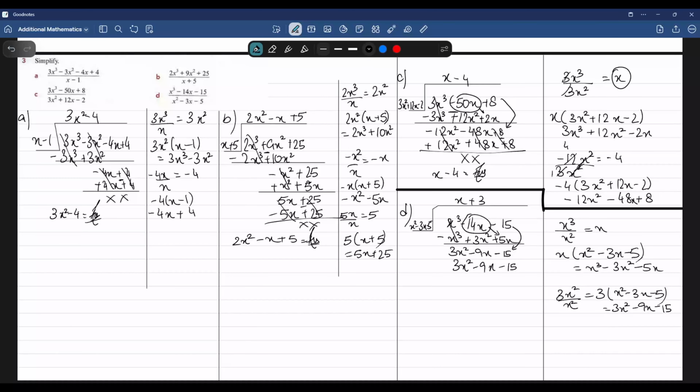And then we multiply this by negative, we get negative 3x squared plus 9x plus 15. This cancels out to give us nothing. So the answer for this equation is going to become x plus 3. And that's basically it for question number 3, part D. Let me just recheck the answer, x plus 3, and that is correct.